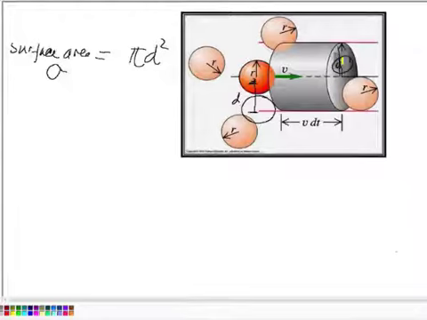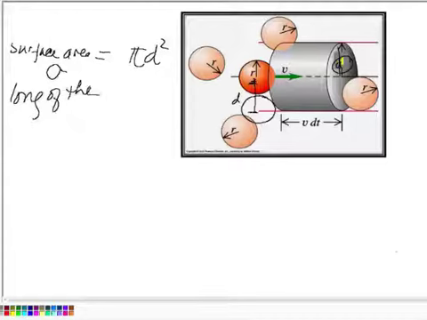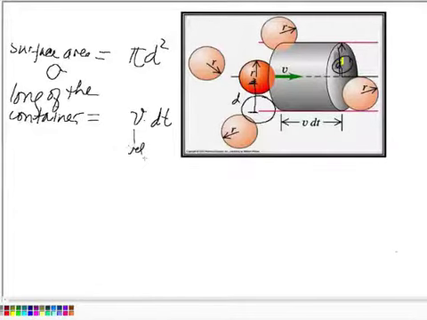The length of the container is equal to v dt, where v is the velocity or speed, and we can represent this by L.